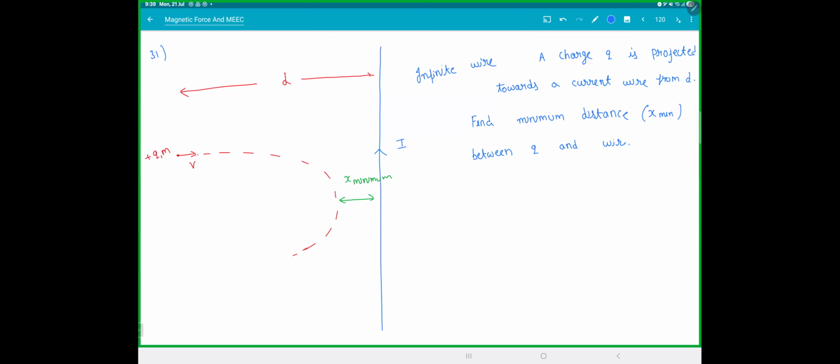As you get closer, the magnetic field increases. If the magnetic field increases, qvB increases. That means this thing will start deviating. So it will go in some weird path. This will not be a circle, non-uniform magnetic field. So what is the closest that you can approach?